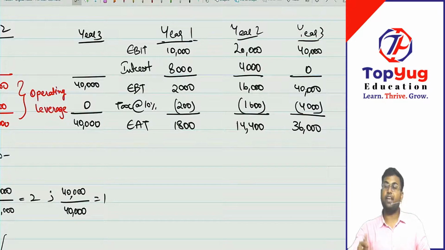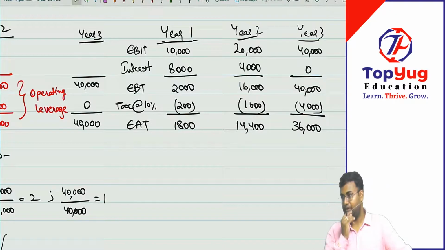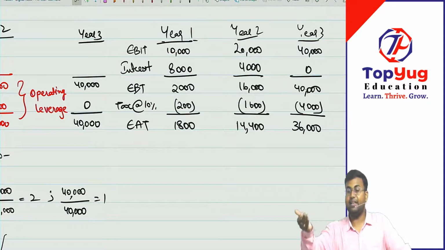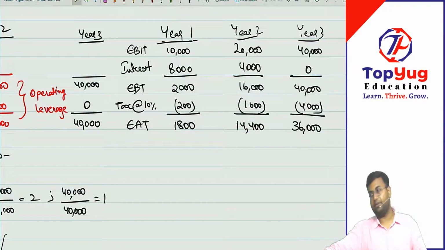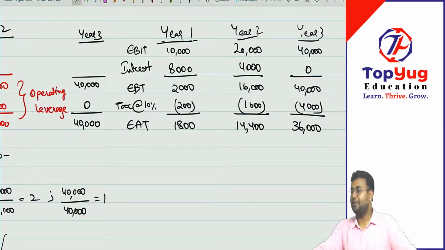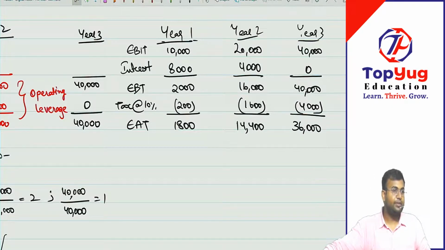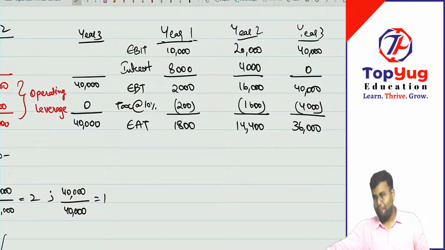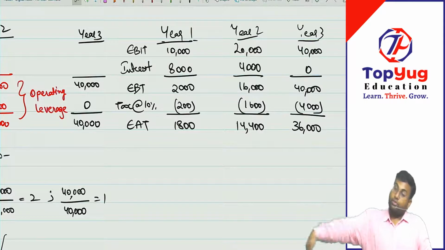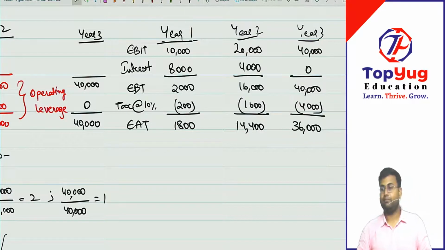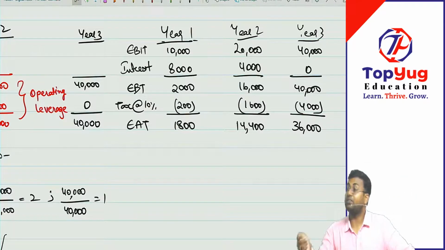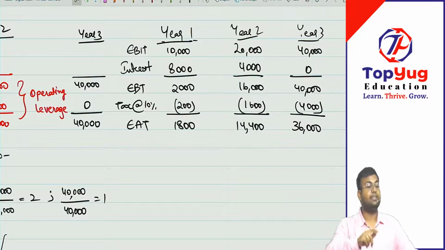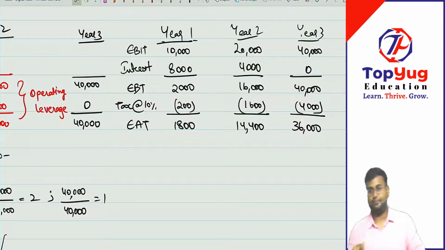If suppose we ignore taxes now, is there any other way to accommodate it? No, there is no other way. But because of tax, there is an advantage.